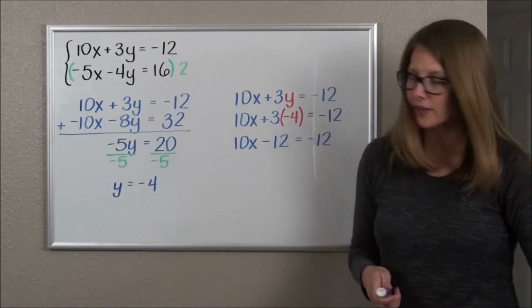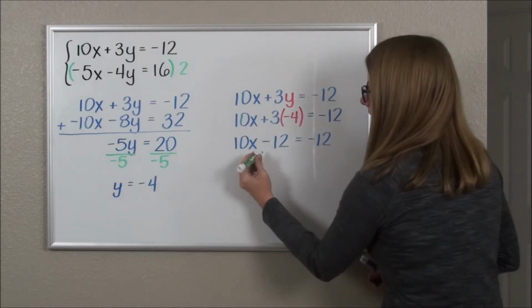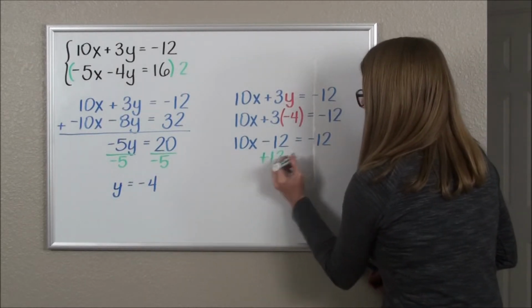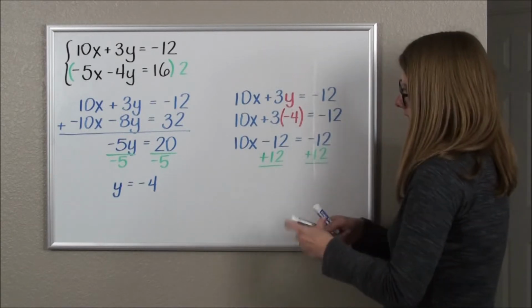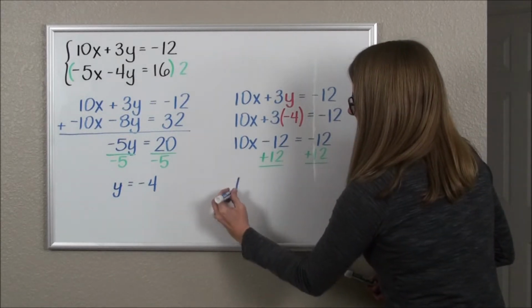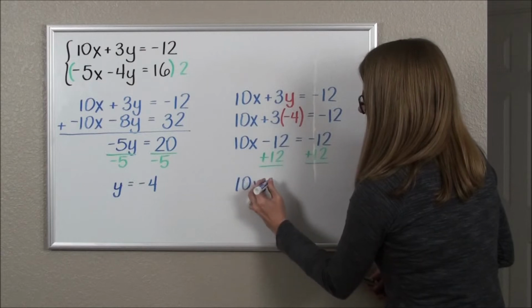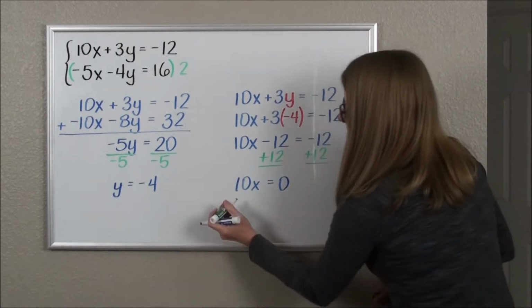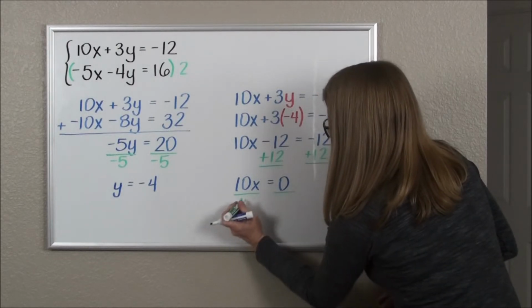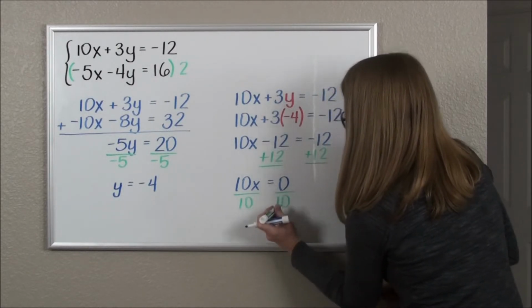And so now to solve for x, let's relocate the constant. Since it's negative, we will add 12 to both sides. Then I have 10x on the left. On the right, -12 plus 12 gives me 0. And then to isolate that x, we'll divide by its coefficient 10.